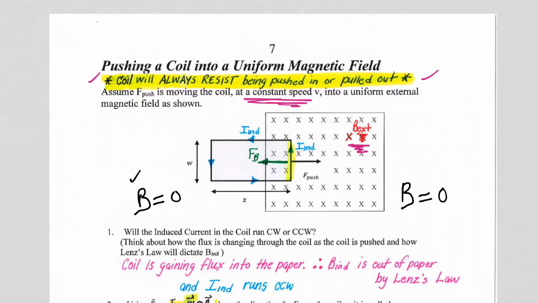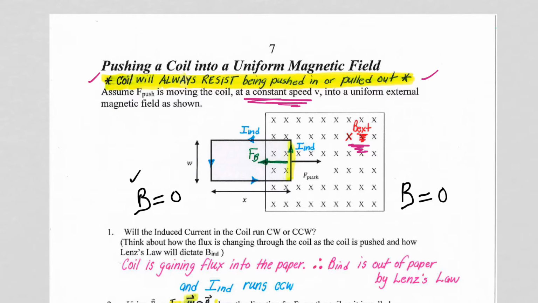We're going to see exactly why the induced effect resists this change. Based on Lenz's law, it kind of makes sense, because we know from Lenz's law that nature wants to induce a current to try to keep the status quo, to not let the flux change.